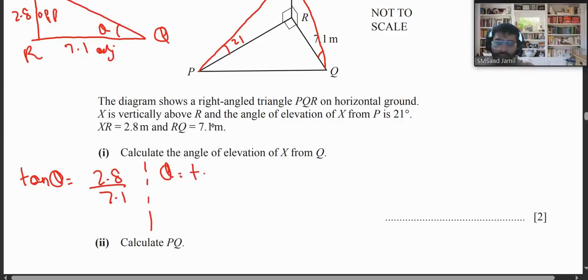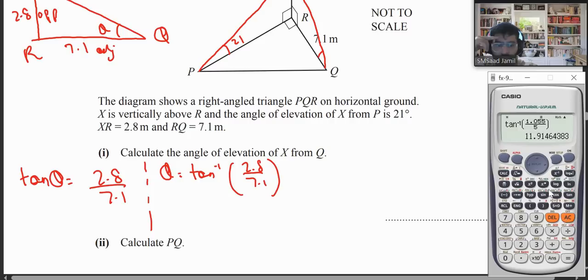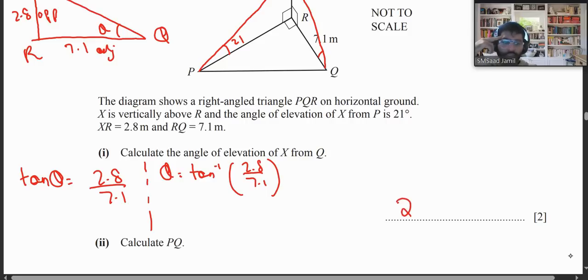Theta is equal to tan inverse 2.8 upon 7.1. So you get 21.522. So theta is equal to 21.5 degrees. So that's your answer. Now it says calculate PQ.